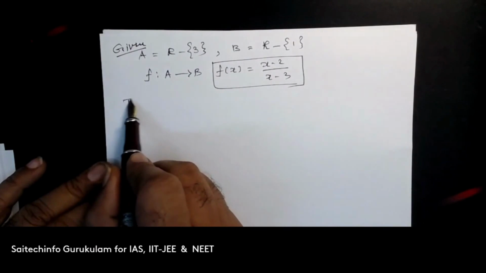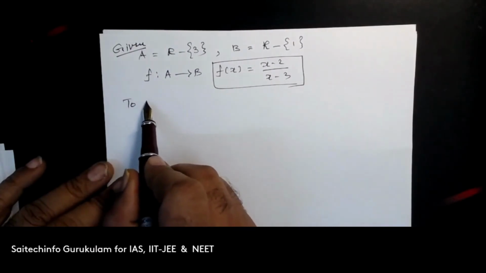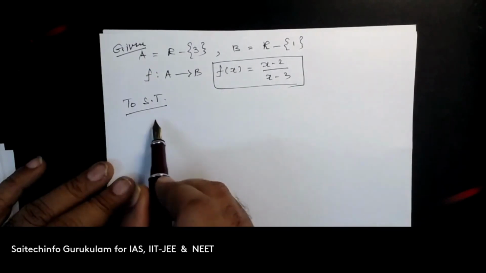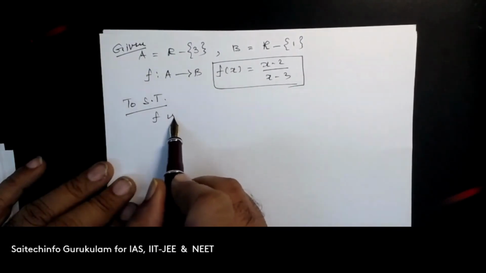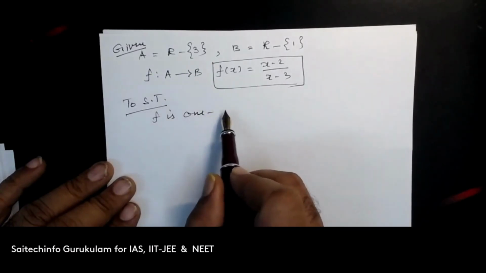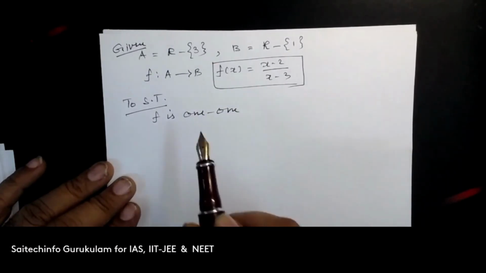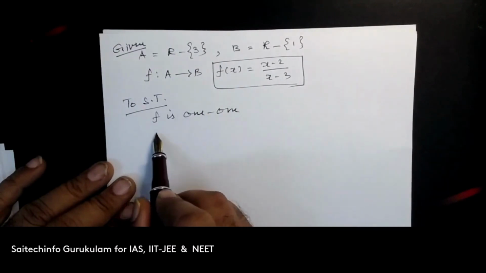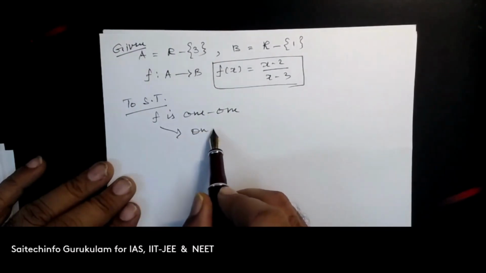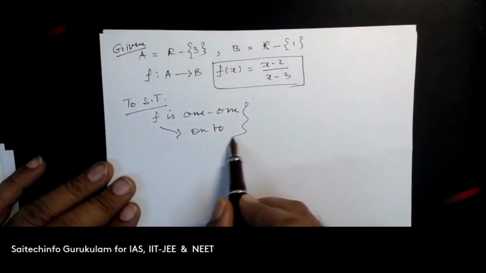What to do? Show that f is a one-one function, or 1 to 1 function. Then f is an onto function. So these are the two we have to prove.